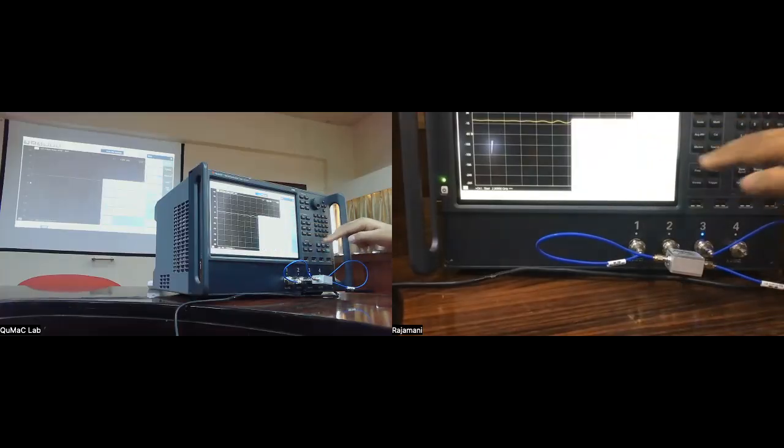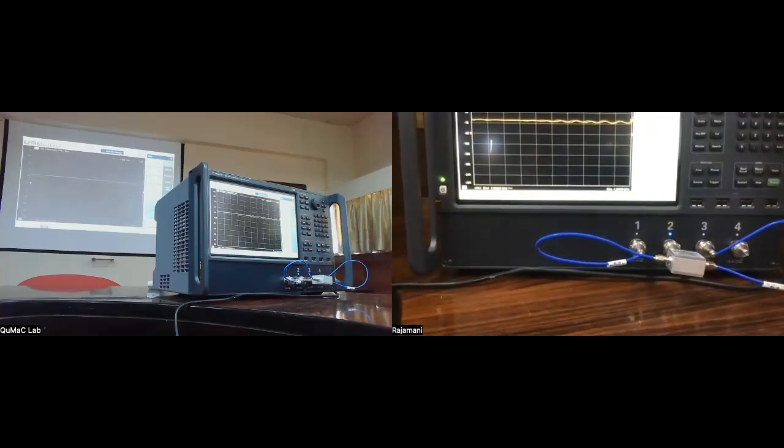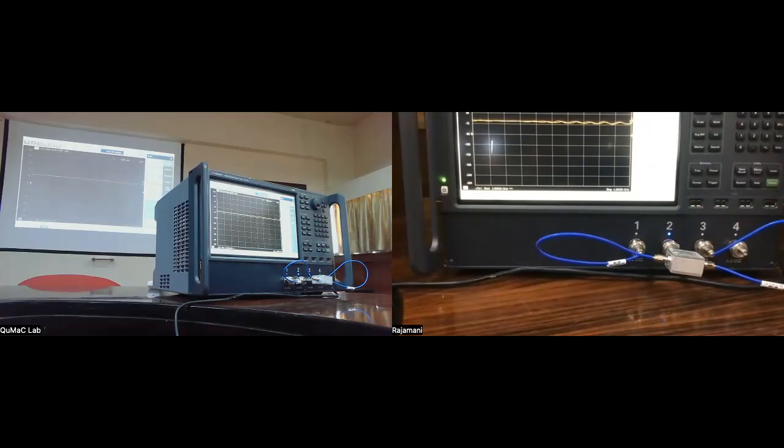This was S23, and the other one is S12. So again, the two outputs are in phase even for the resistive splitter, which is what it's supposed to be.